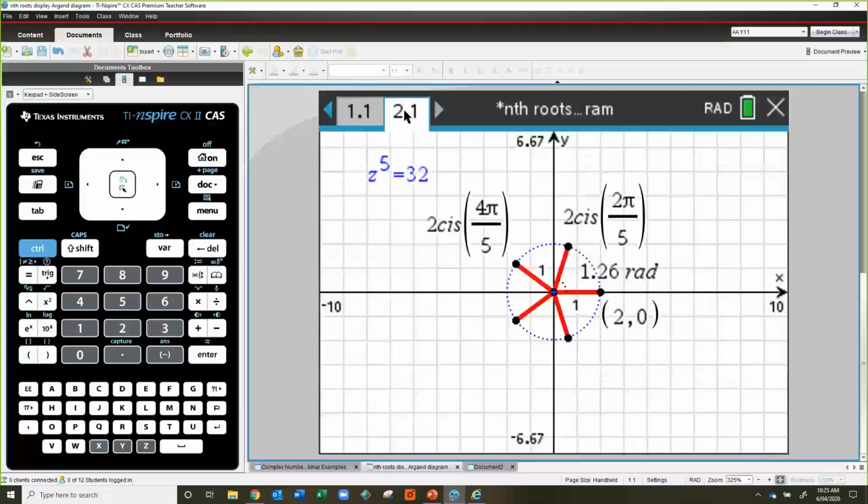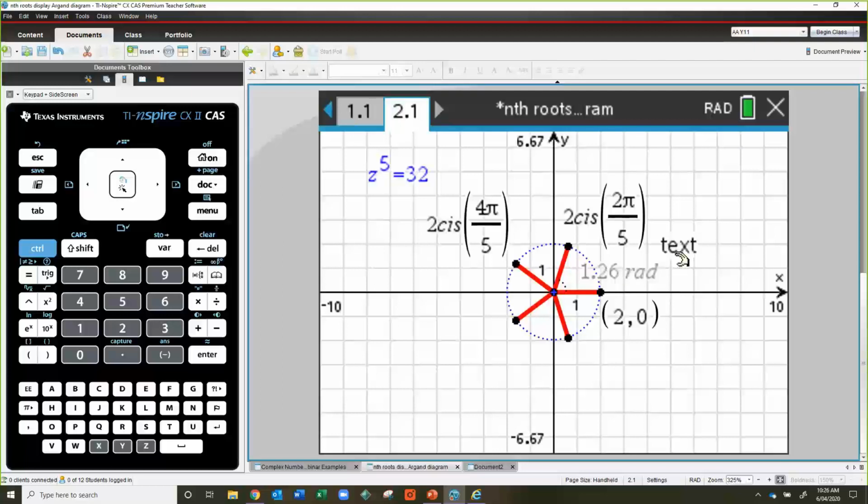As you probably learned, if we look at the roots of a complex number, the roots will always lie on a circle with the radius shown here. The radius will be the 5th root of 32. Because this equation is all real, we'll have the complex roots occurring in conjugate pairs.